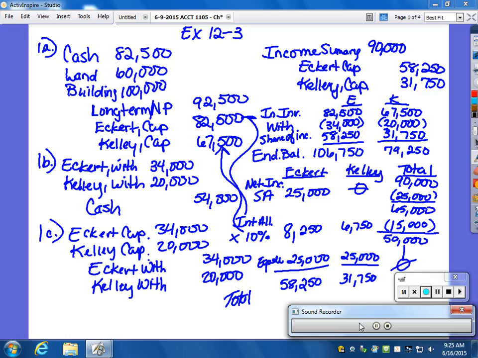Prepare the journal entry to record the admission of Madison under each of the following separate assumptions. First assumption is that Madison invests cash of 90,000. So if we're going to record that this person invests 90,000 of cash, what journal entry needs to take place? Cash and capital. A debit to cash and a credit to capital.